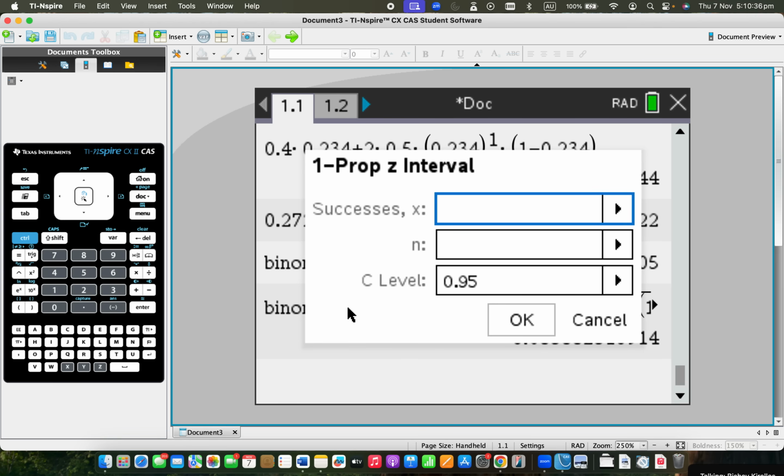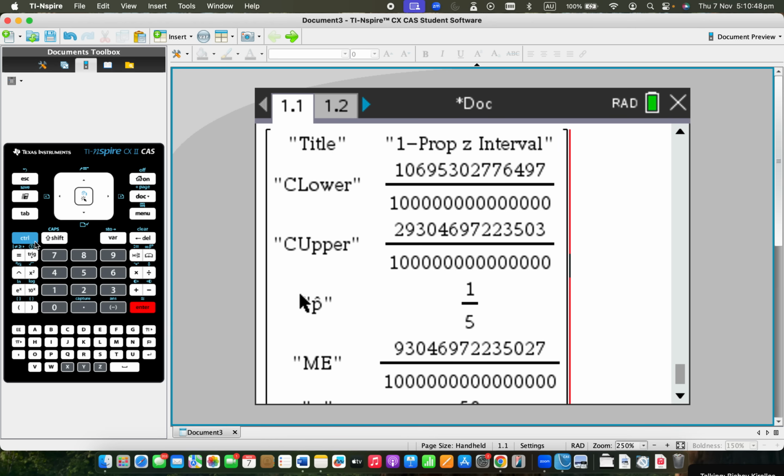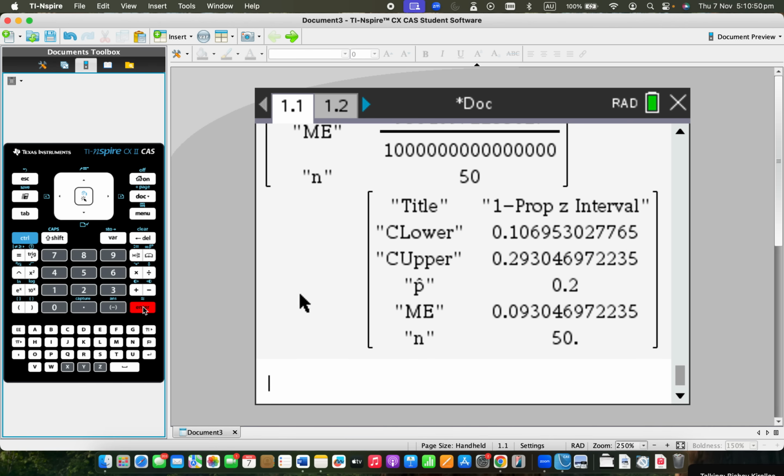So we found that in a selected random sample of 50, 10 were labeled as heavy, so 10 successes out of 50, and we want a 90% confidence interval. So correct to 3 decimal places, it would be 0.107 up until 0.293.